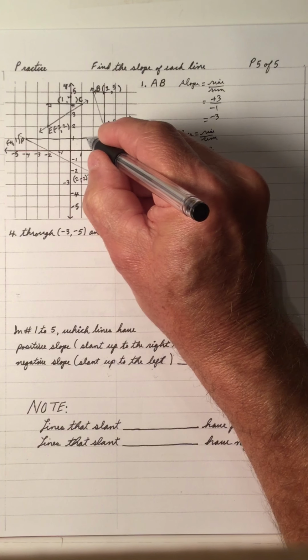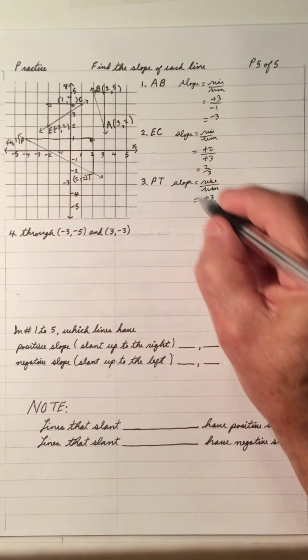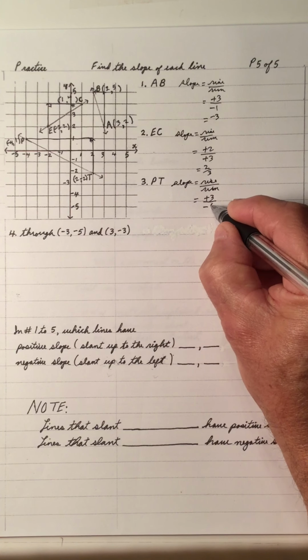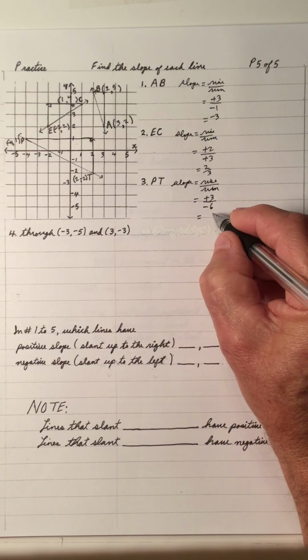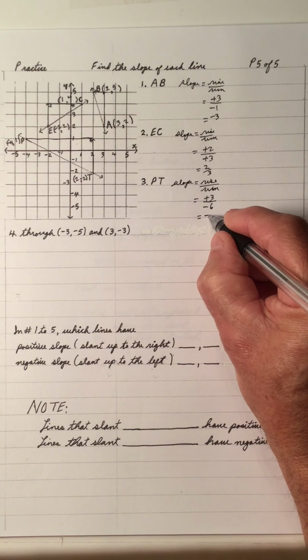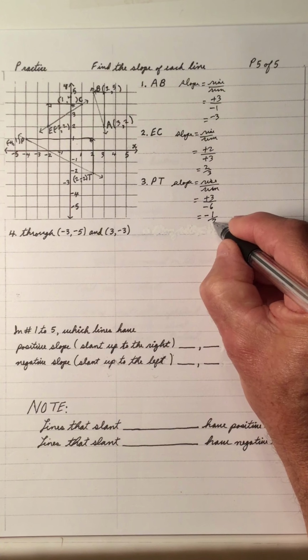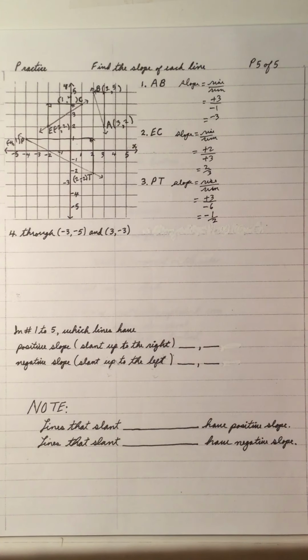And I went left 1, 2, 3, 4, 5, 6, so that's a -6 because I went left. So the slope is a positive over a negative, so I got a negative. 3 divided by 3 is 1, 3 into 6 is 2, so I get a -1/2 when I simplify the slope.